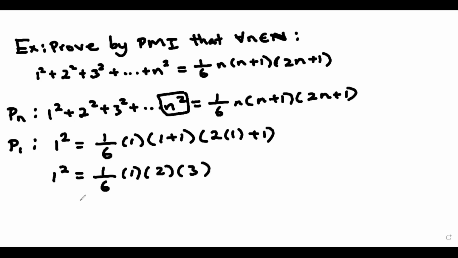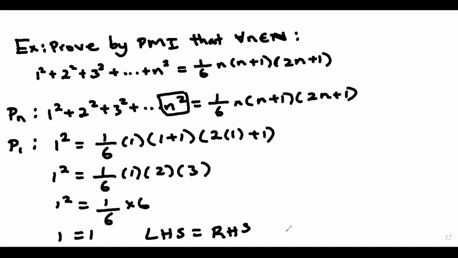So 3, 2, 6. So it's 1 squared is equal to 1 over 6 times 6. So 1 is equal to 1. So our left-hand side is equal to our right-hand side. Therefore, true for n equal 1.